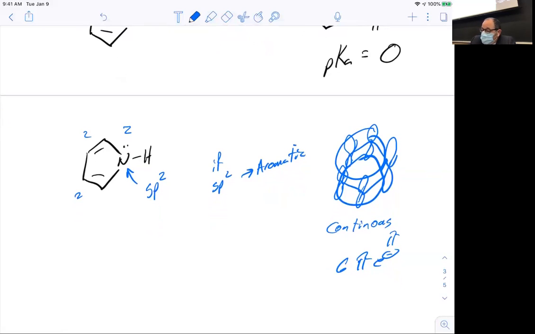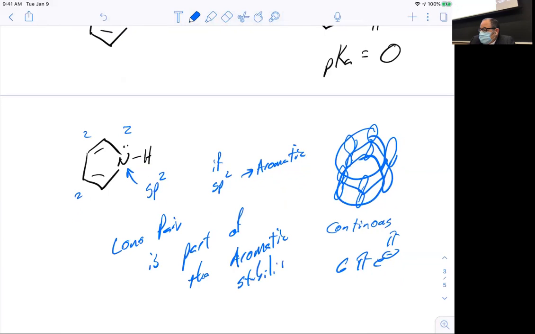So therefore, the lone pair is actually part of the aromatic stability.